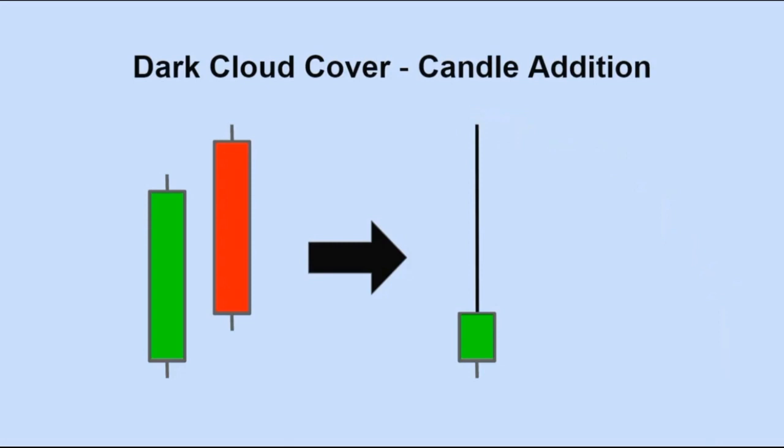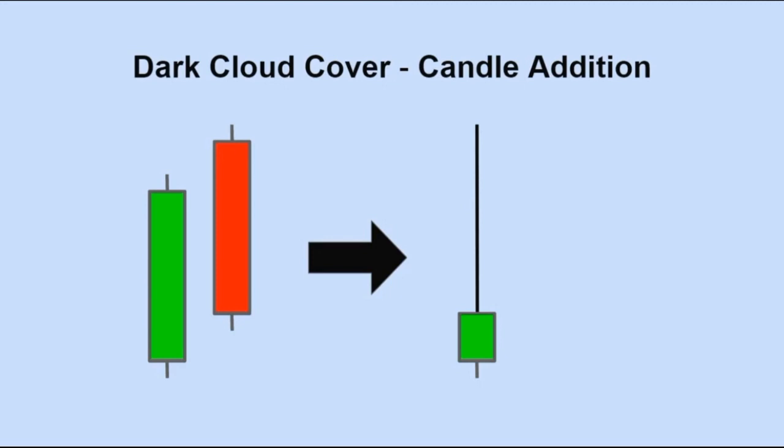Additionally, being that a dark cloud cover occurs at the top of an uptrend, through candlestick addition, a dark cloud cover becomes... anyone? Bueller? It becomes a green shooting star. A bearish reversal pattern.